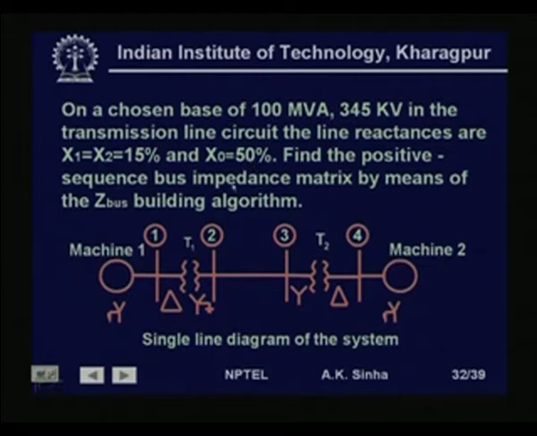Find the positive sequence bus impedance matrix by means of the Z bus building algorithm. Since we have chosen the base kV as 345 kV, we need to modify the reactance of the transformers to this base.